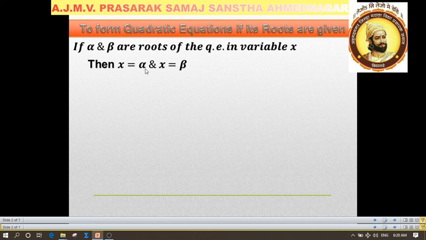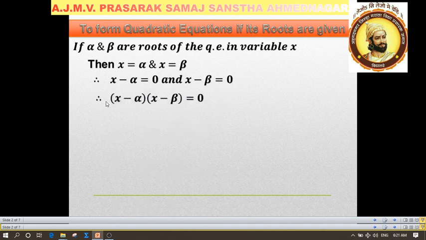So transfer alpha and beta to the left hand side. We have x minus alpha is equal to 0 and x minus beta is equal to 0. Now taking product of these two equations, left hand side into left hand side is equal to right hand side into right hand side. We have x minus alpha into x minus beta is equal to 0.